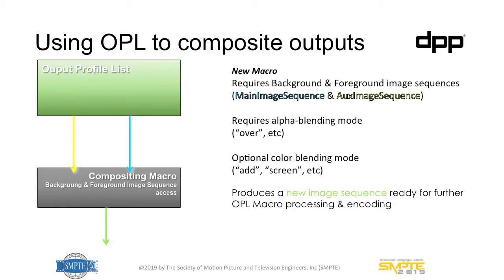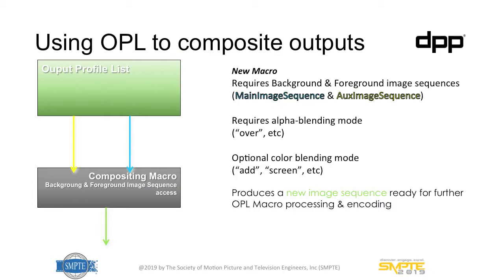So OPLs are automated processing of IMF masters into output formats, which could be another IMF. It could be a flattened file, such as an AS11. It could be simply a ProRes or anything else you like. Now, OPLs are made up of macros. Macros are particular processing steps.